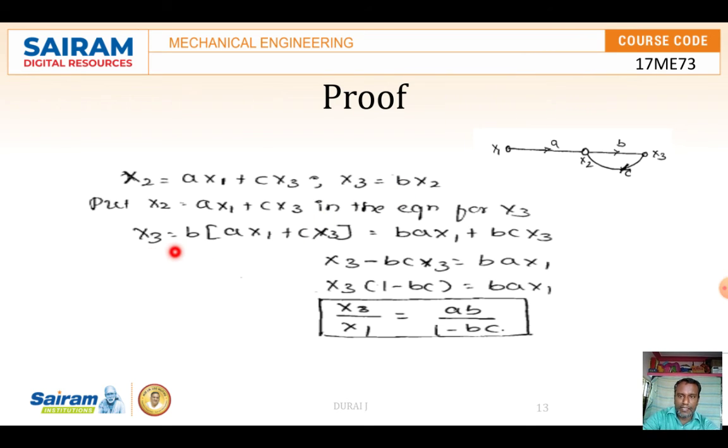So x3 minus bc x3 is equal to ba x1. So x3 into (1 minus bc) is equal to ba x1. So x3 by x1 is equal to ab by 1 minus bc.